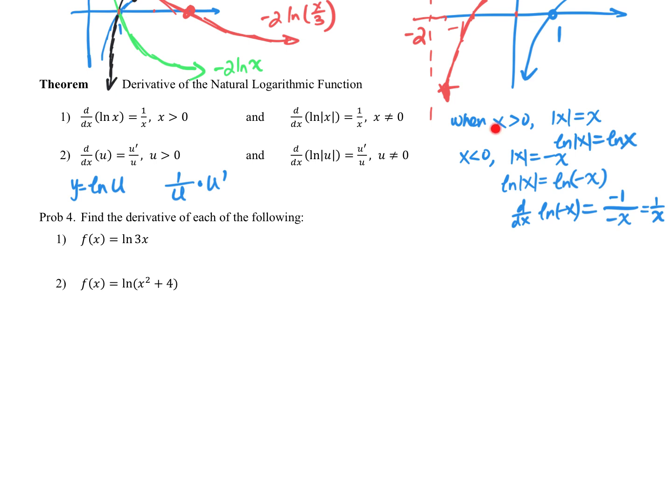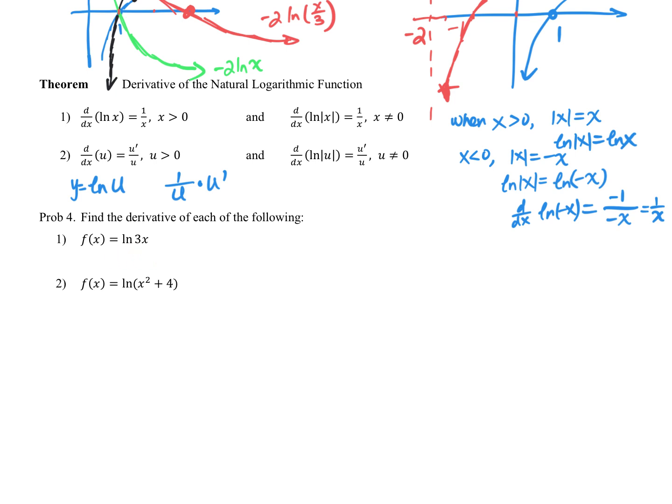Therefore, regardless of the sign of x, the derivative of ln of the absolute value of x is 1 over x. Okay, now let's apply these rules to the following derivatives.